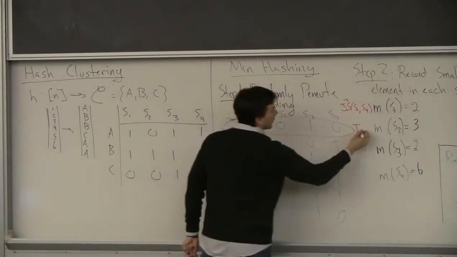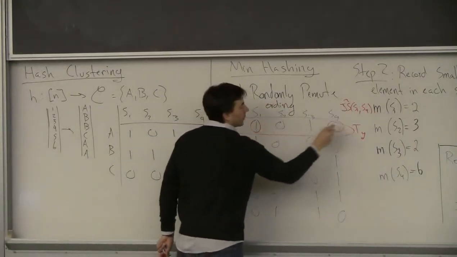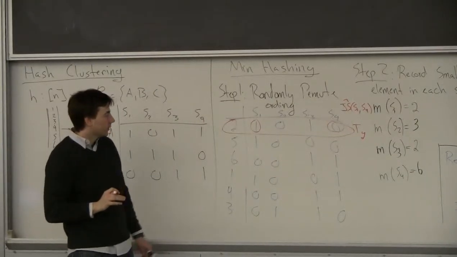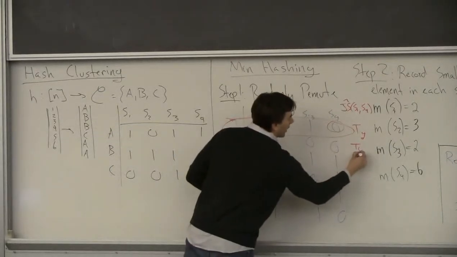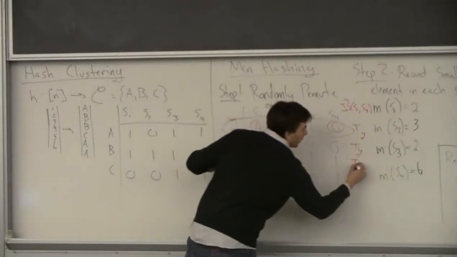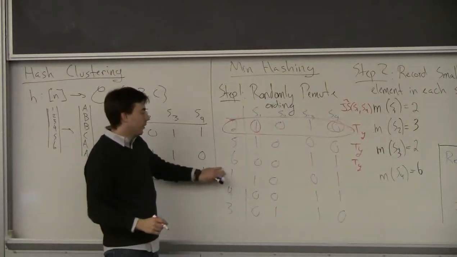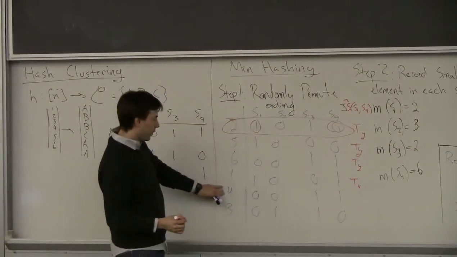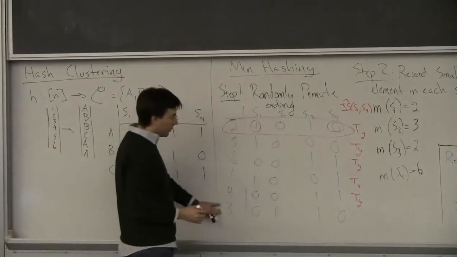This is type Y because this one has a 1 and this one is a 0, so one of the sets has a 1, but not both. This is also a type Y, because now this one has a 1, but this one does not. Finally, row 1, this is a type X. And for 4, this is a type Y again. And then row 3 is a type Z.